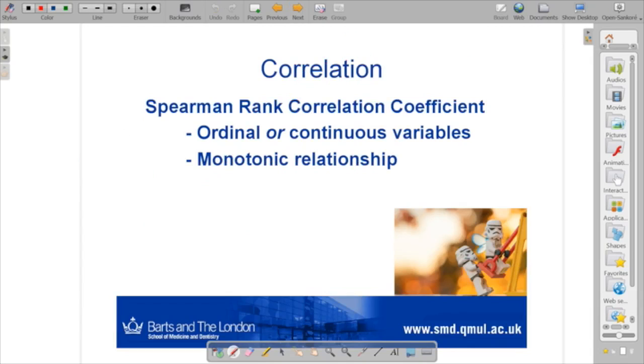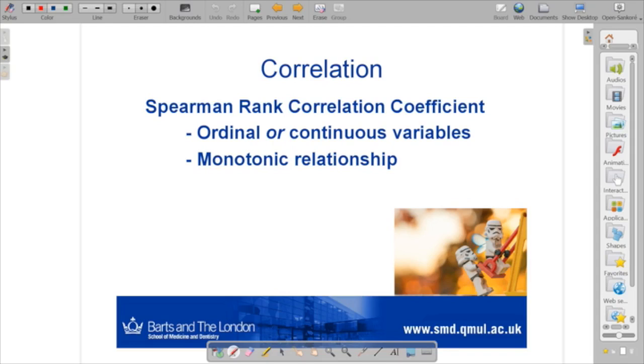The other correlation coefficient we have at our disposal is the Spearman rank correlation coefficient. This will work with categorical variables, but they have to be ordinal. So they have to be ordered again. They can't be just categories, because with unordered categories, by definition, there is no correlation in terms of Spearman rank.